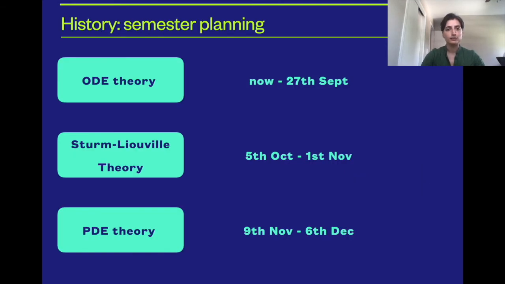As a history, this is the semester planning. We'll be going through 3 main elements during this semester. The first is a general introduction on ODE theory that will take the better part of September. Then in October, we will concentrate on the Sturm-Liouville theory, and November will be devoted to PDE theory.